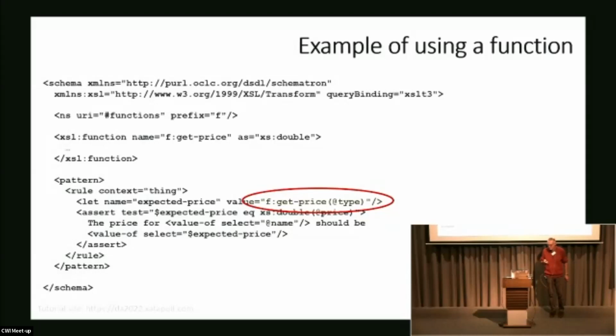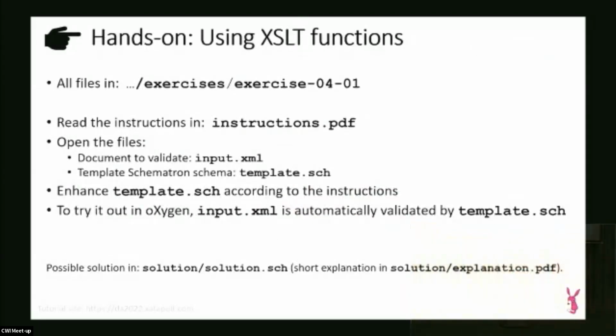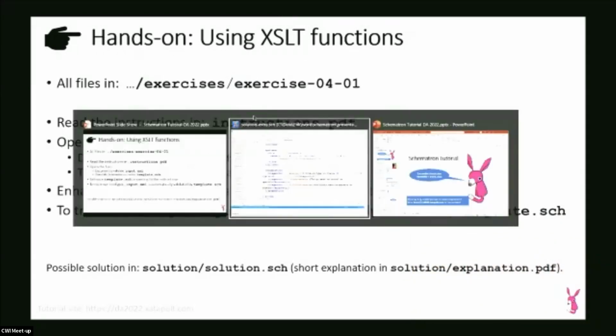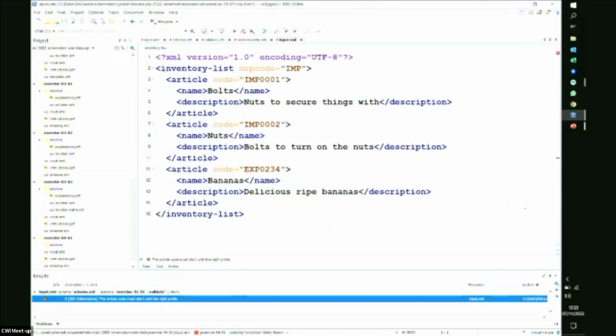I hear nothing. So then I want you to write your own XSLT function, of course. The function is a lot less complicated than the one I showed you. Here's the input file. There are some rules in there, and I want you to write a function that actually checks the rule.